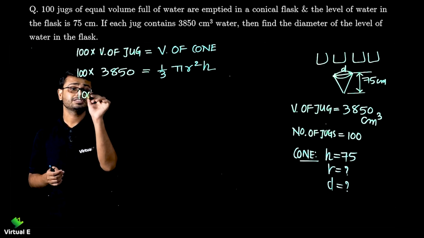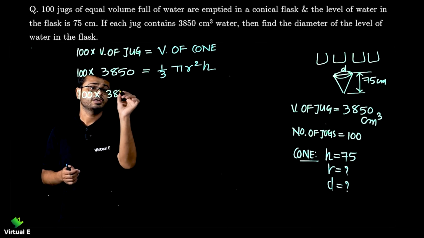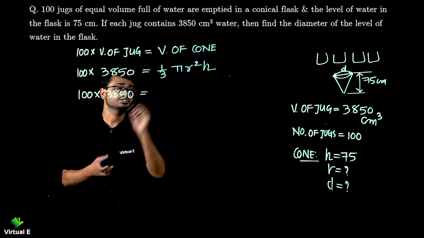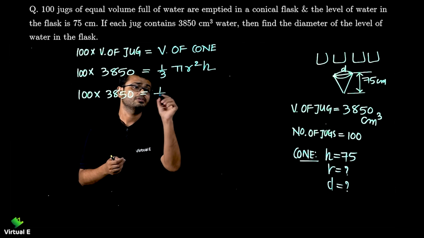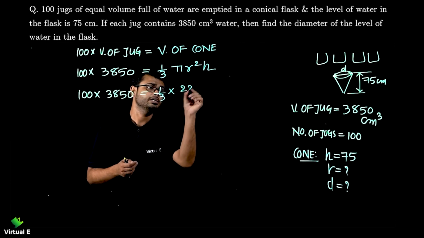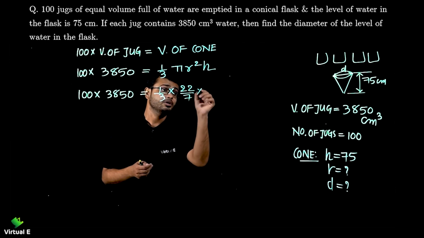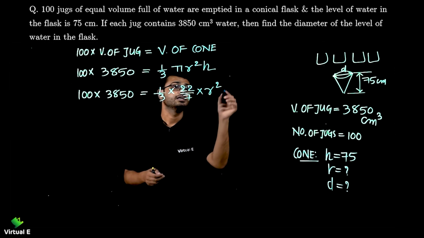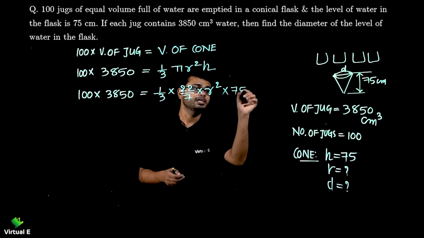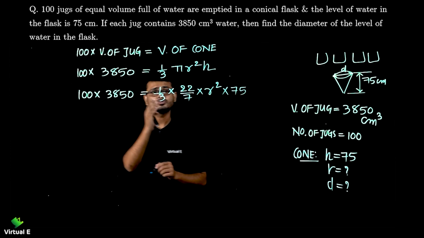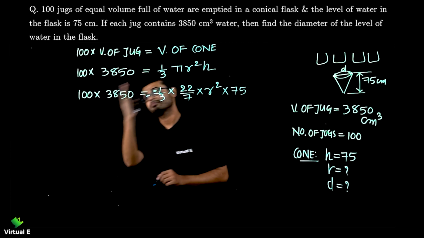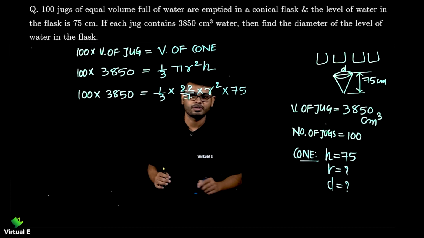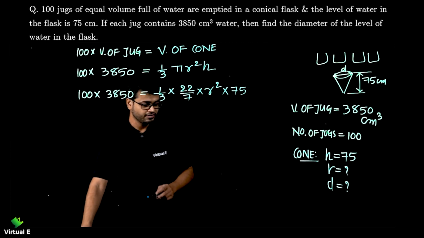So 100 as it is into 3850 is equal to 1/3 into 22/7 into r square as it is, because we need to find it. And what about the height? That is 75. Now let's do one thing. Let's shift all these numbers to the LHS and keep r square only over there, because we want to find the value of r.